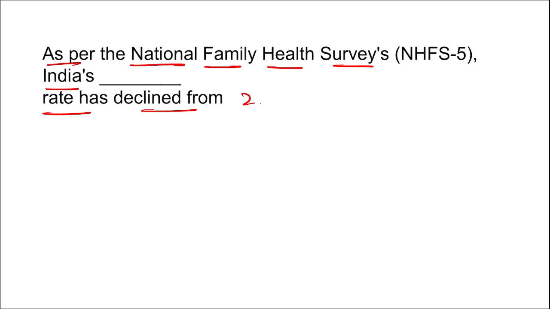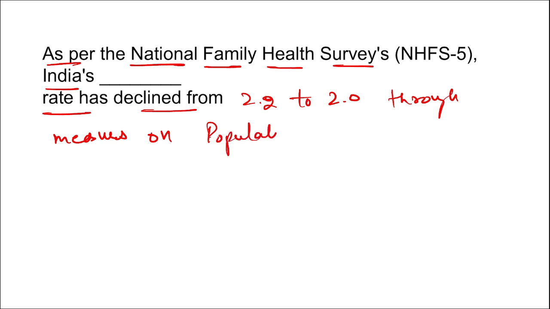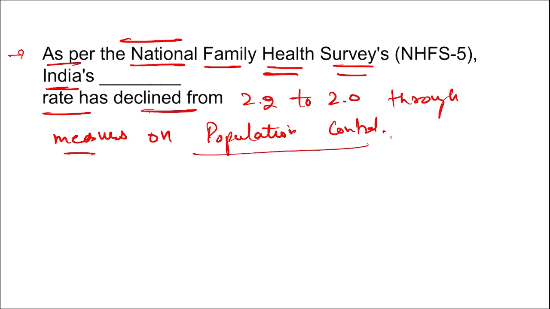It has declined from 2.2 to 2.0 through measures on population control. This is the full question. Alright, as per the National Family Health Surveys, India's dash rate has declined from 2.2 to 2.0 through the measures on population control. So remember, India's total fertility rate has declined from 2.2 to 2.